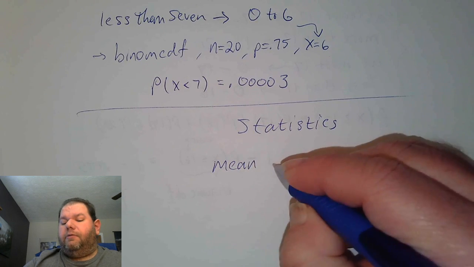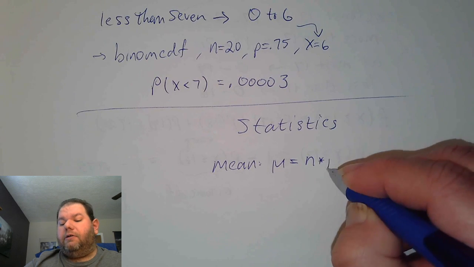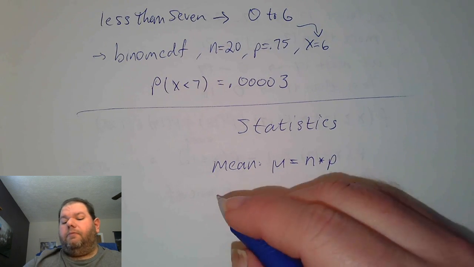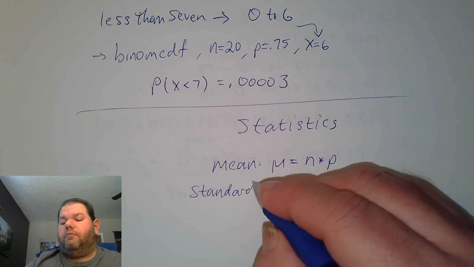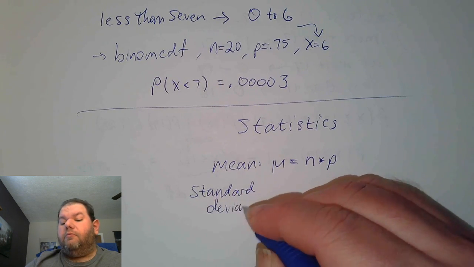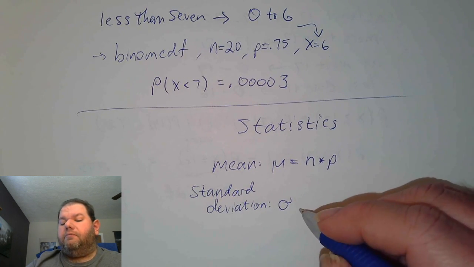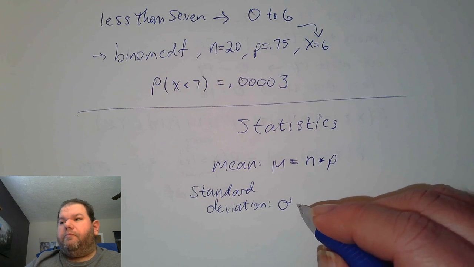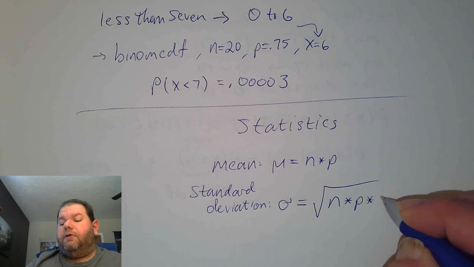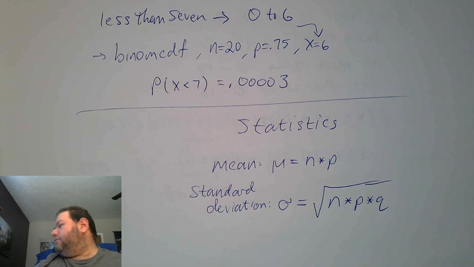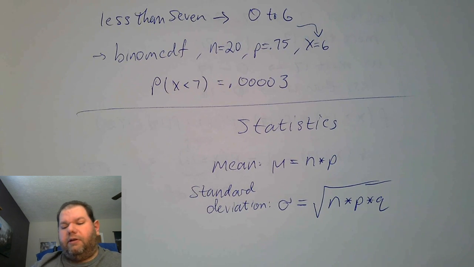So our mean, mu, is equal to n times p, and our standard deviation, which is sigma, is equal to the square root of n times p times q. Or, instead of q, we could say 1 minus p, either way.